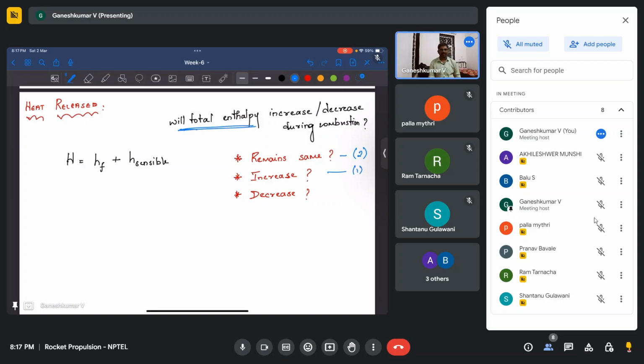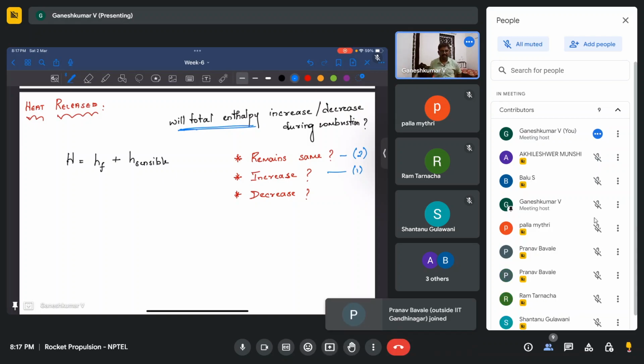When we say enthalpy, it's actually the energy content in the mixture, right? It's the energy of the fuel and oxidizer.